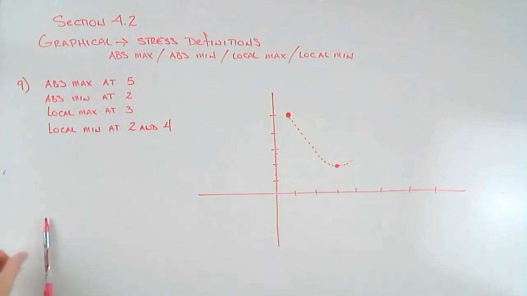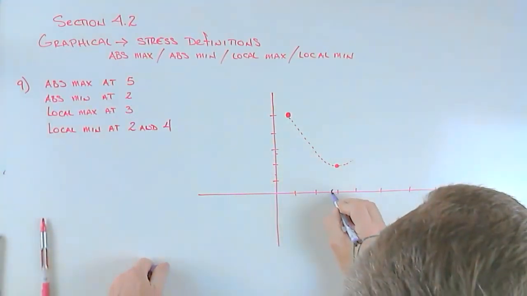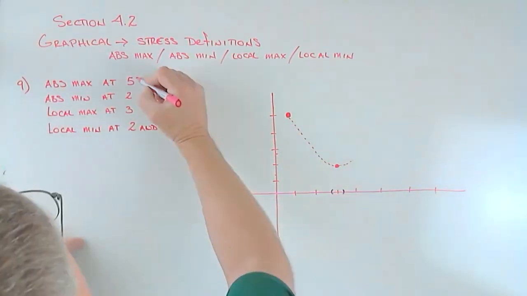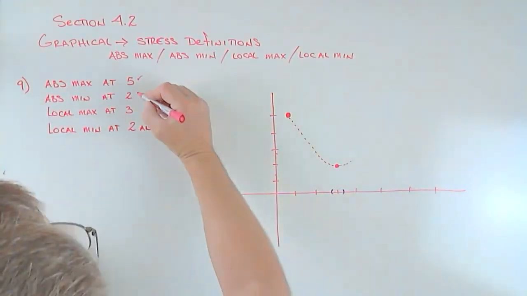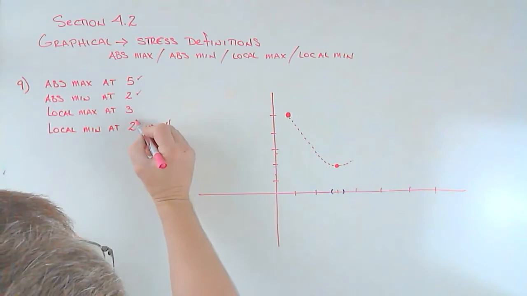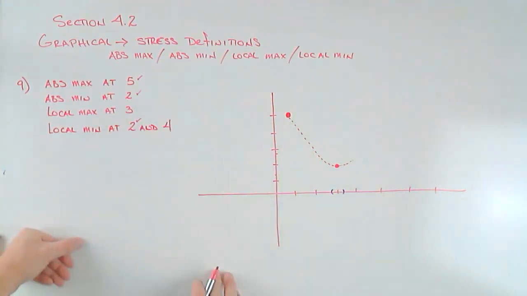And more importantly, not only is it an absolute min, it's a local min because it's the smallest y value in a neighborhood about this x value. And that's the definition of a local min. So we've satisfied our absolute max at 5. We've satisfied our absolute min at 2. We've actually satisfied our local min at 2.